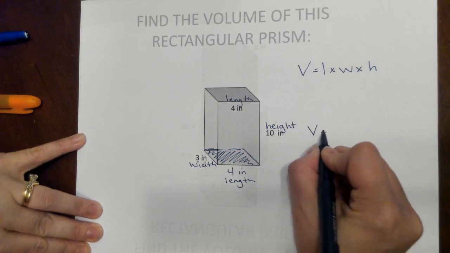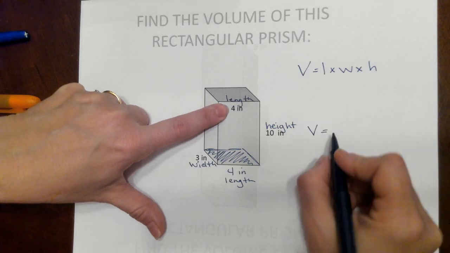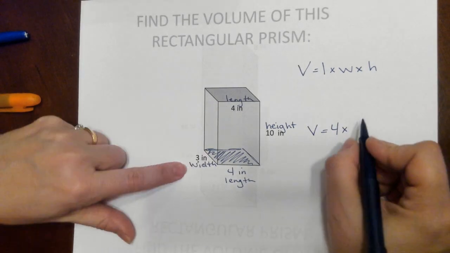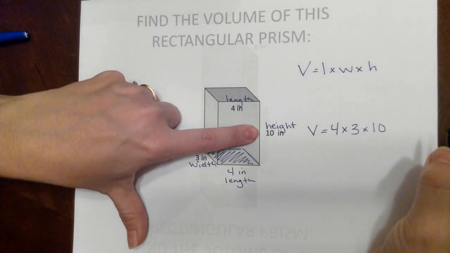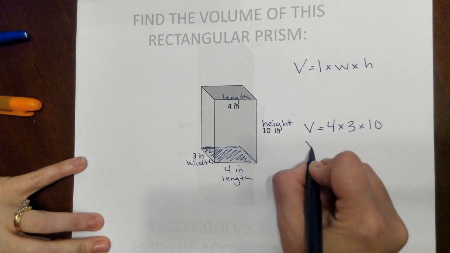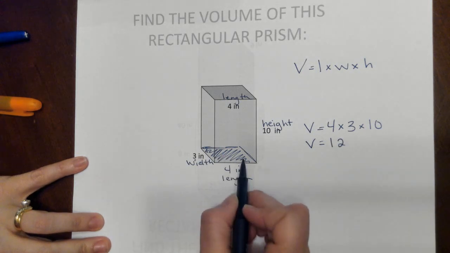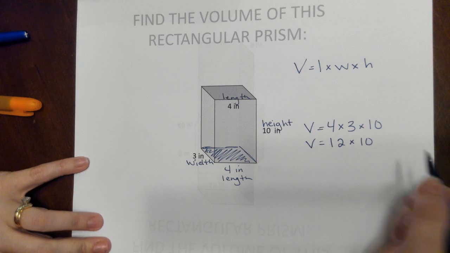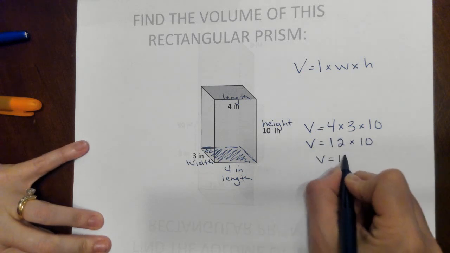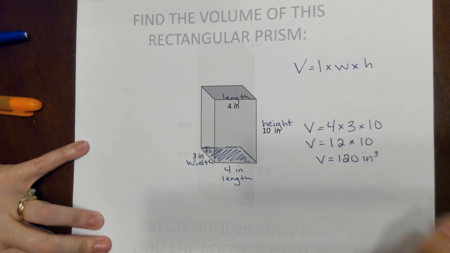So volume, length, we're using 4 times width times height. 4 times 3 is the area of the base. That was this, the 12, times 10. 12 times 10 is 120 in our units, inches cubed.